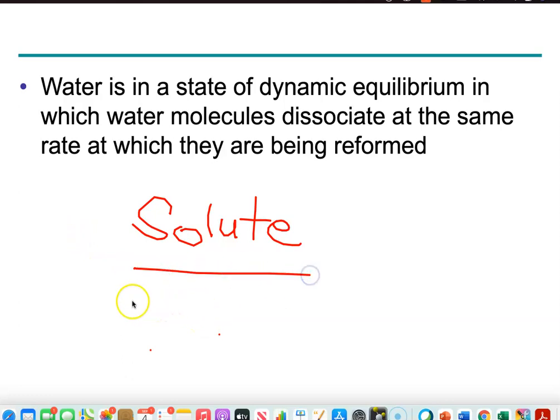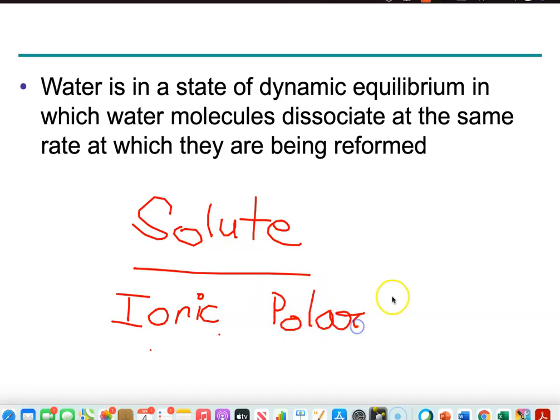Water is considered to be a universal solvent because it can dissolve everything that is ionic and everything that is polar covalent. Polar covalent bonds.